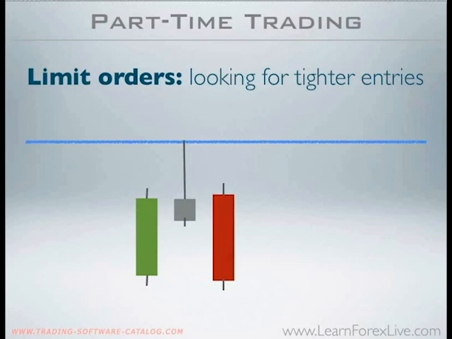When you are using a limit or a stop order, it's just an instruction to tell your broker, hello, I want to be involved in this market, but not at the current market price, but instead at this or that price that you predefine. That's basically what a pending order is.